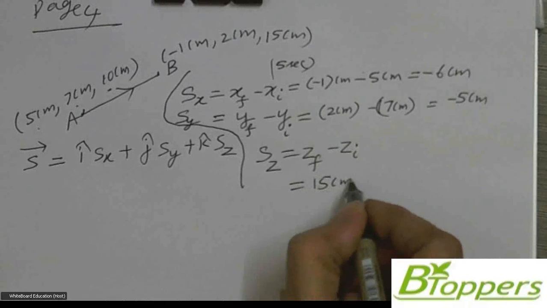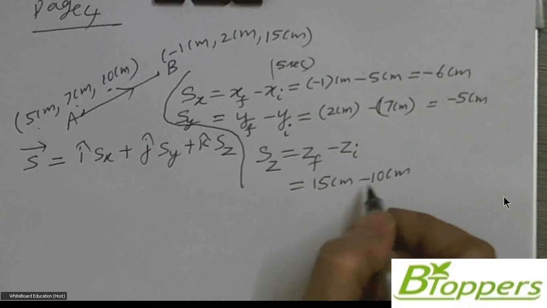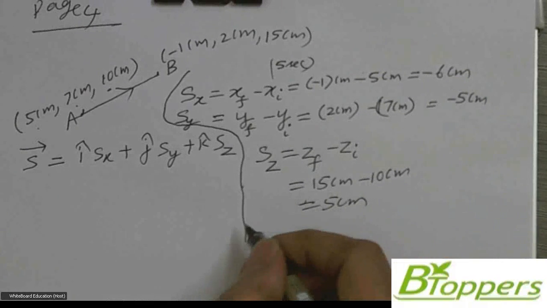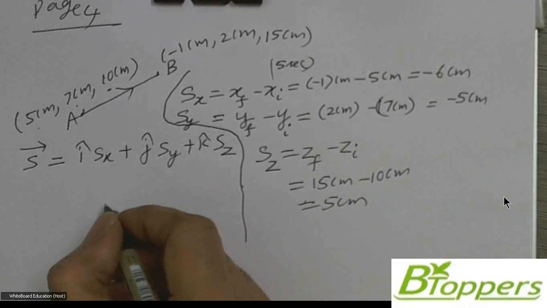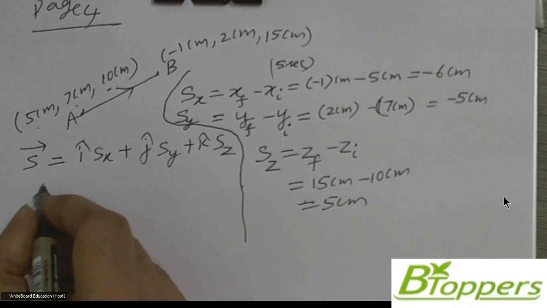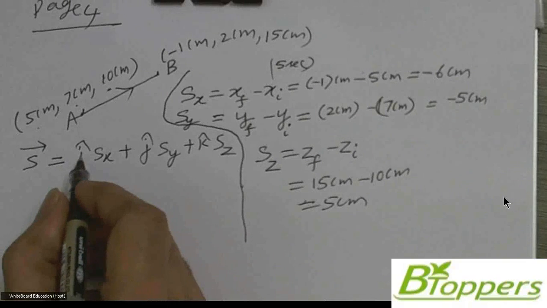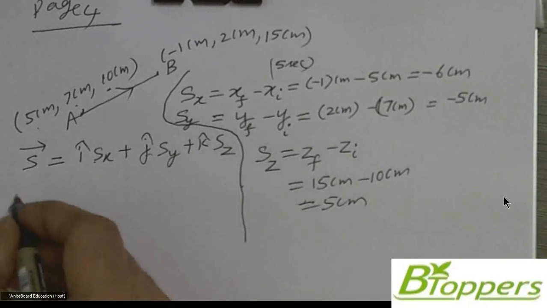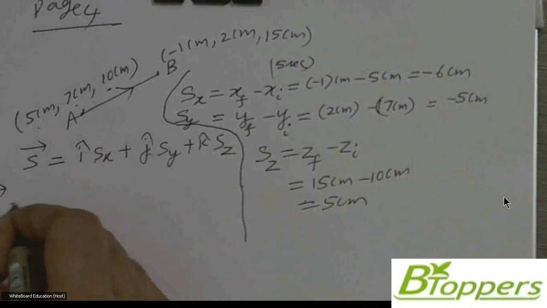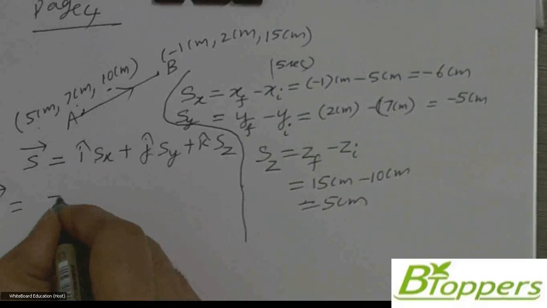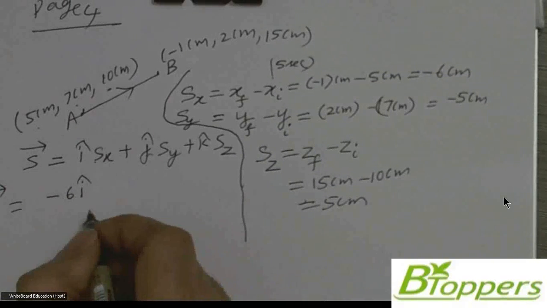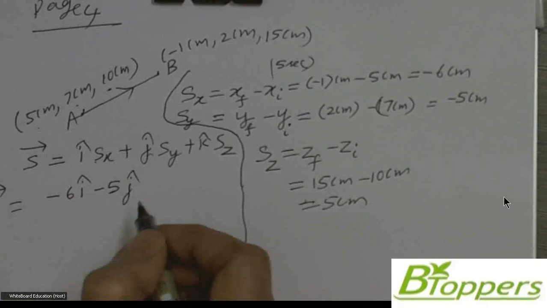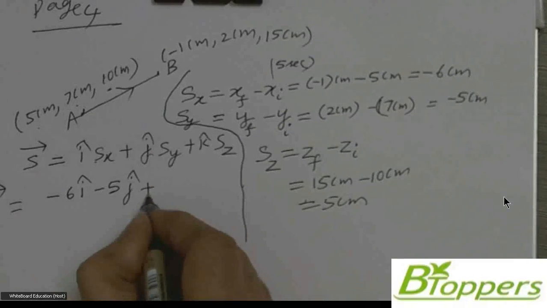That is 15 cm minus 10 cm, which is equal to 5 cm. So the displacement of the particle in vector form can be written as S bar equal to i cap into Sx plus j cap into Sy plus k cap into Sz. So here Sx equals -6 cm, Sy equals -5 cm, Sz equals +5 cm.